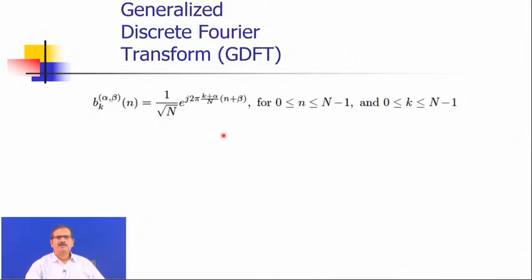Now, there could be other sets of orthogonal basis vectors, and some of them could be derived or extended from the discrete Fourier transform representation. We call it the generalized discrete Fourier transform. In the discrete Fourier transform, basis vectors are generated from the complex sinusoid by sampling it within an interval from 0 to n minus 1 at regular intervals.